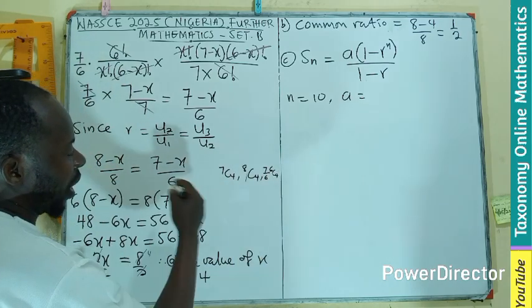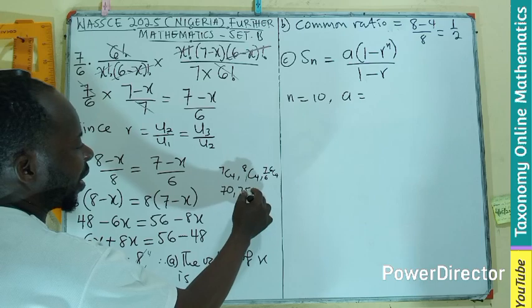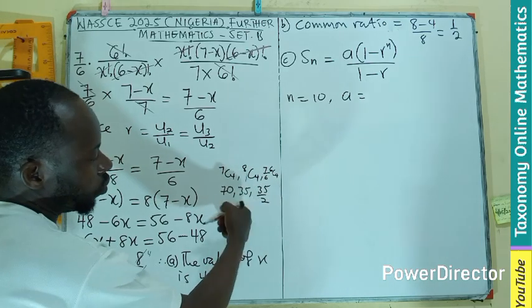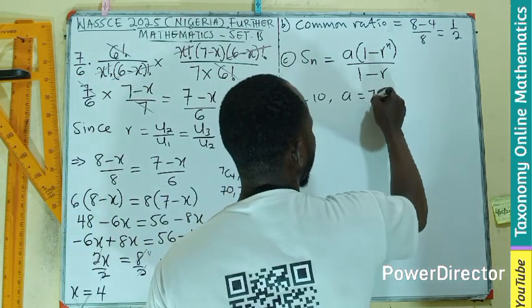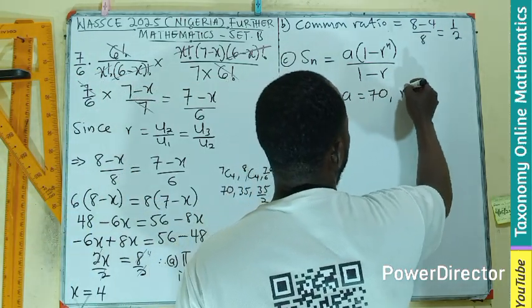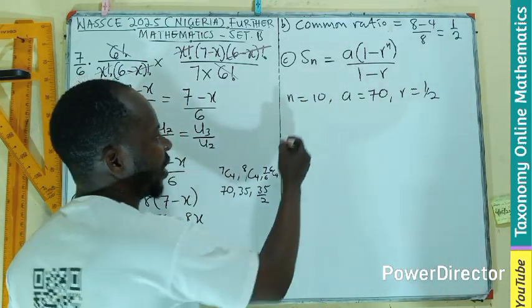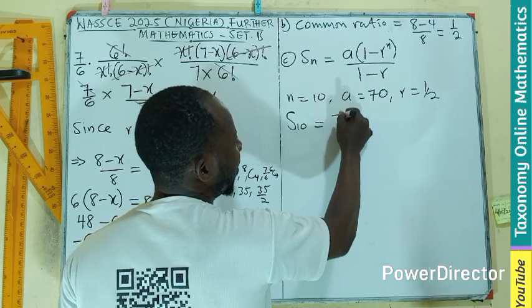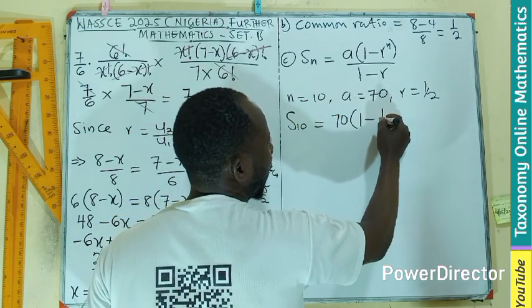If you put this all in your calculator, you should be having 70, 35, then 35 divided by 2. This is the sequence that we are having. So our first term is going to be 70, then our common ratio will be 1 over 2.